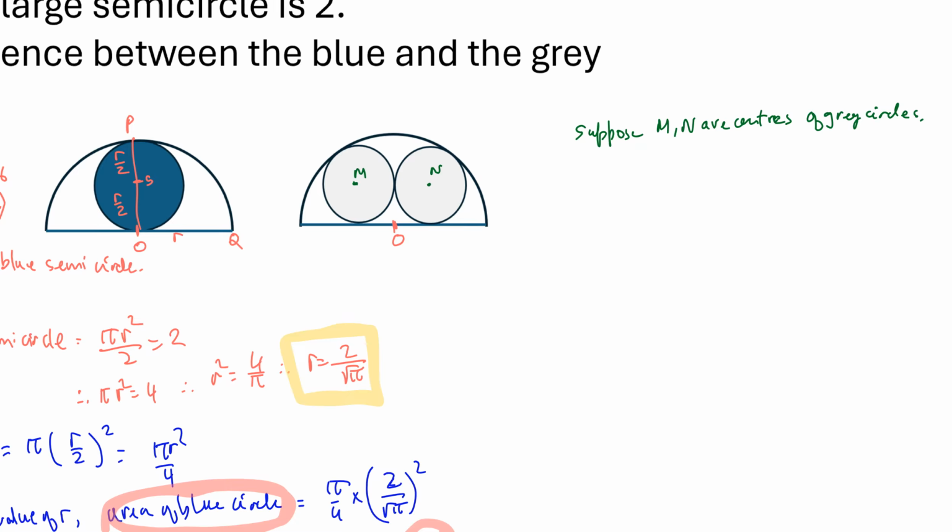So what we can do is, we can draw this line from O, which would sort of be the radius. I can also call this P. So OP is the radius of the large semicircle.